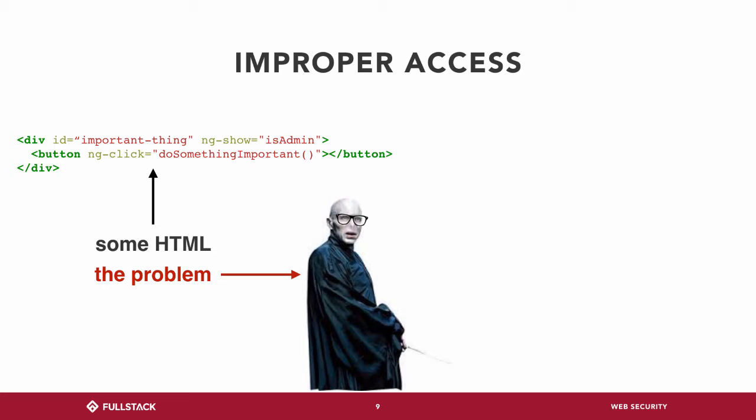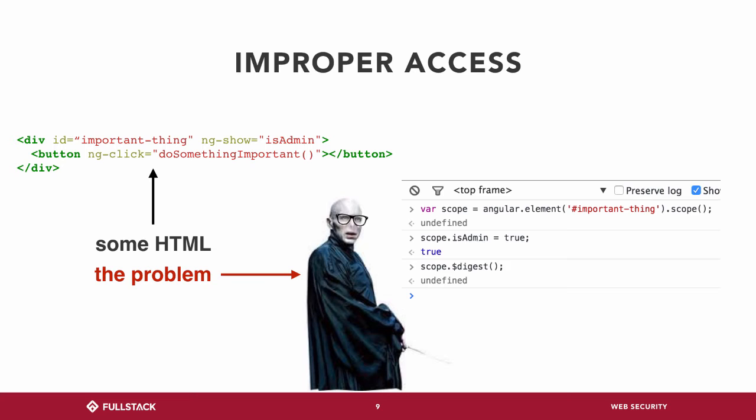And nothing prevents you from modifying the scope of that element. So in this example, you could just set yourself up to be an admin locally, and you'd be able to see this link.